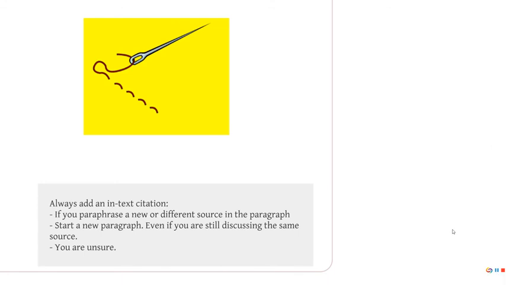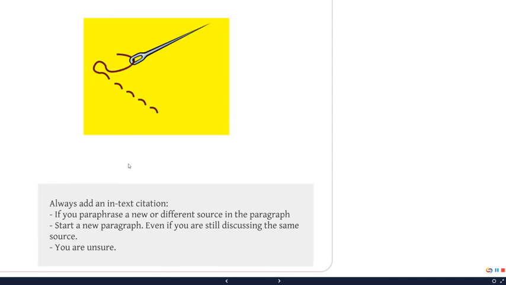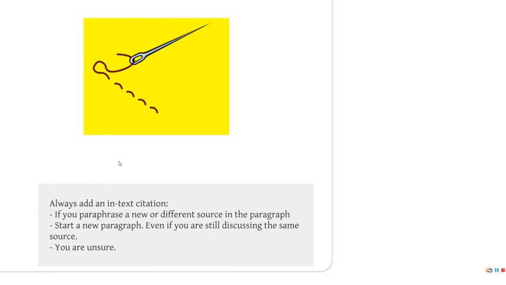So if you're talking about one article for the first part, but then you start talking about another source, you will of course need to indicate to your reader that you're talking about another source, and so you'll need to establish the in-text citation for the new article. Also, if you're talking about one source and then you talk about that source in a second paragraph, in that second paragraph you need to do an in-text citation to let your reader know that you're still talking about the same source.